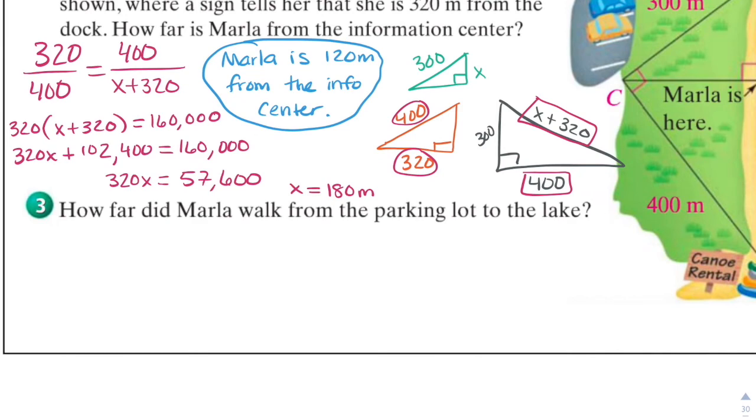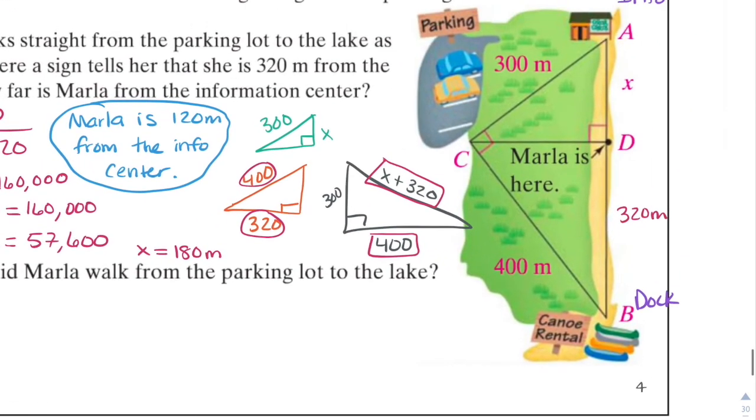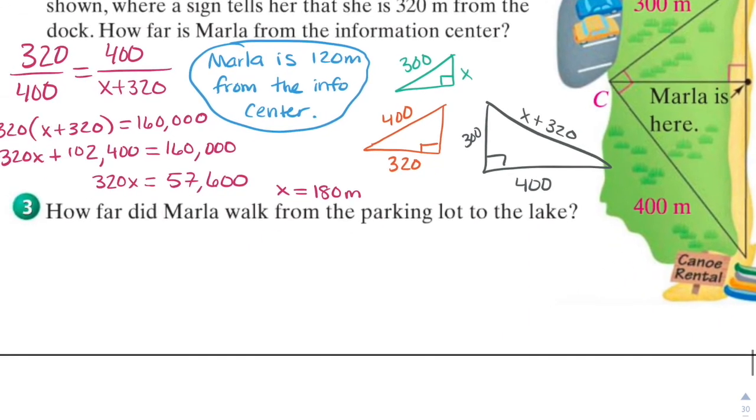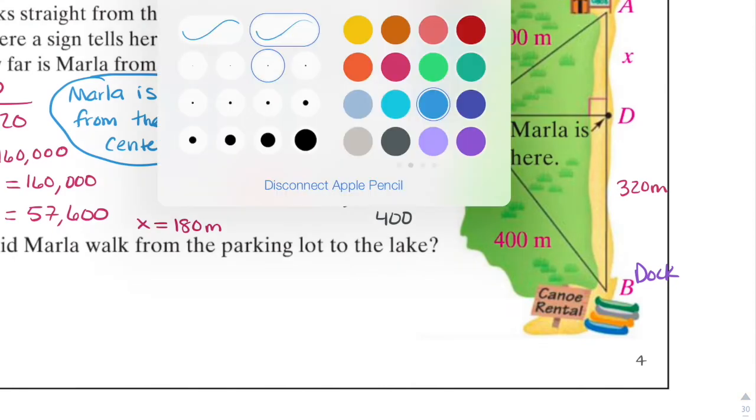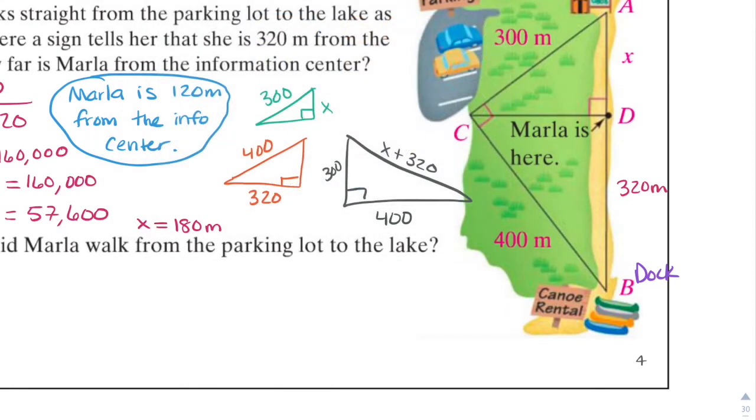So how far did Marla walk from the parking lot to the lake? And that doesn't have a value. So I'm going to erase those. Now that I know that x is 180, I'm going to create a new variable here.